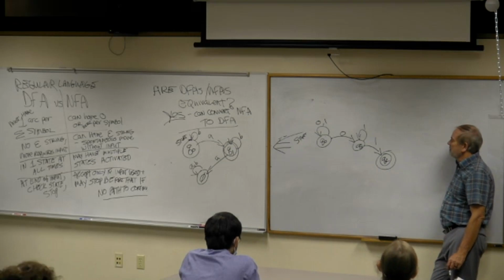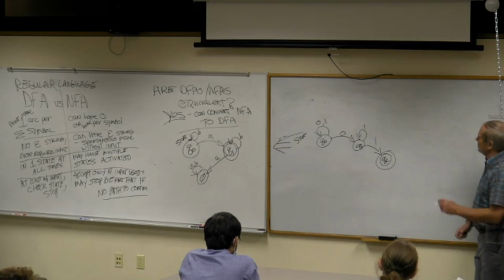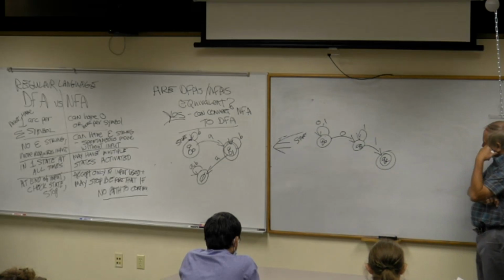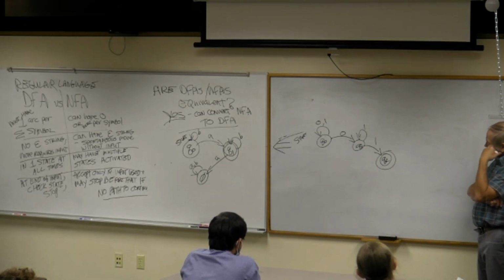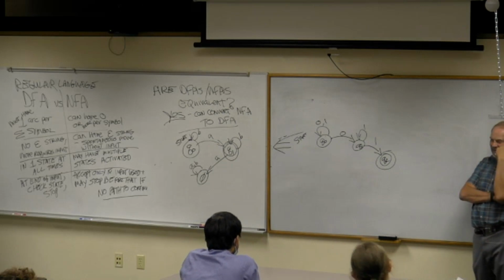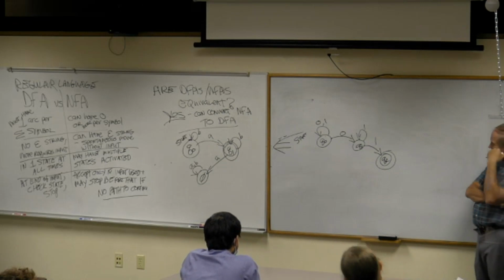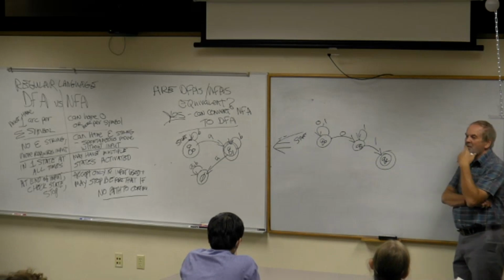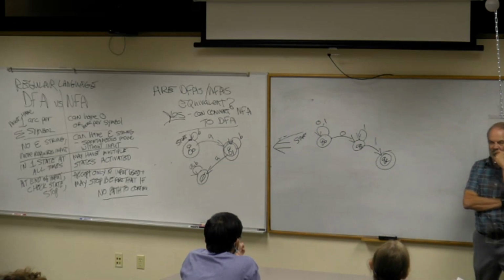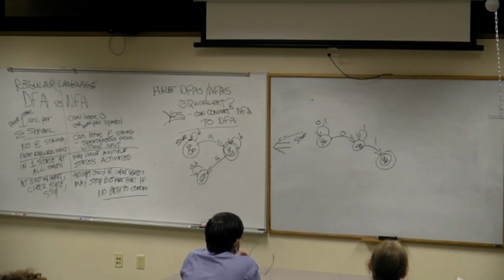Starts with a 0, right? Yeah, there needs to be at least one 0. Let's have at least a 0 and end with a 1. But it can have any 0s and 1s at the front before it gets there.